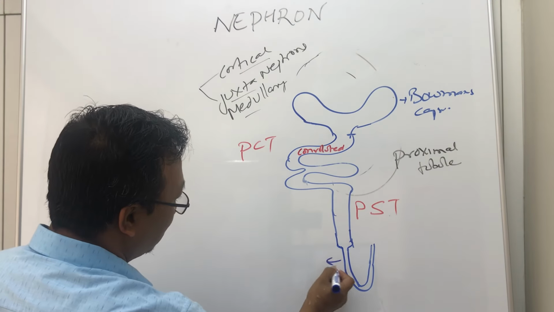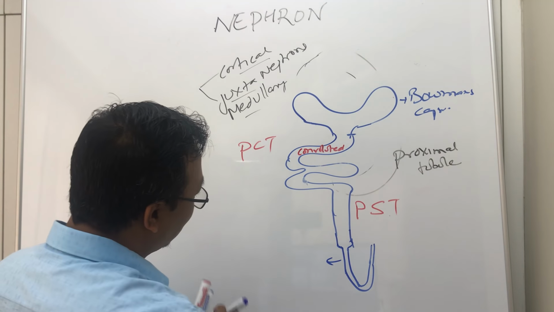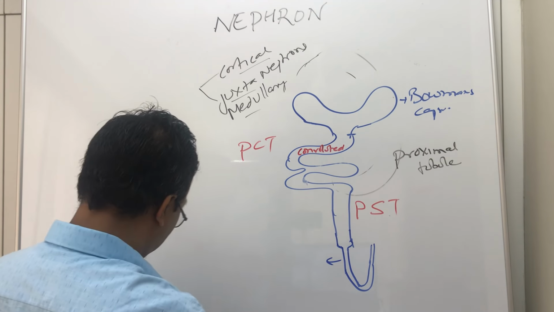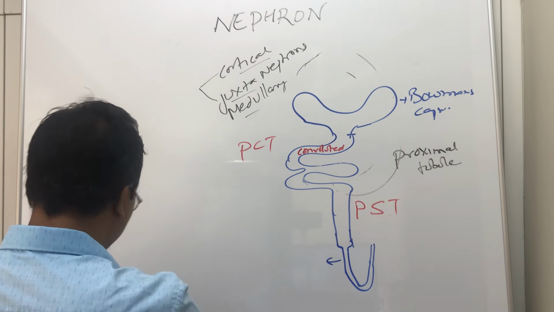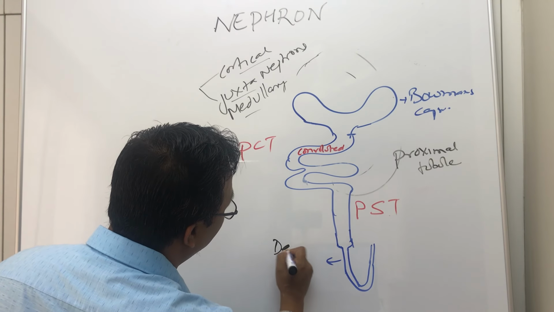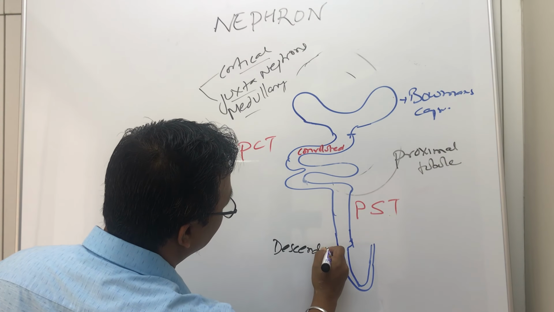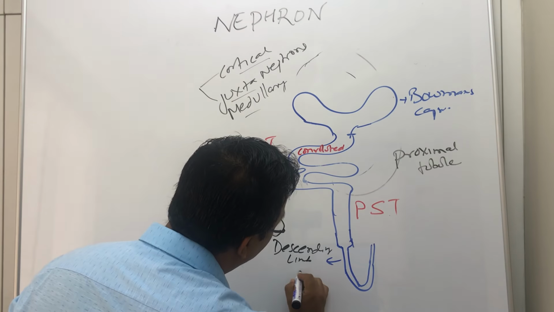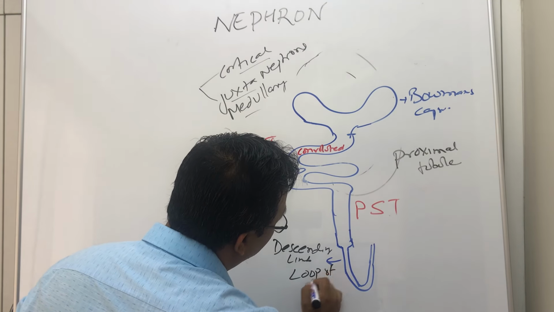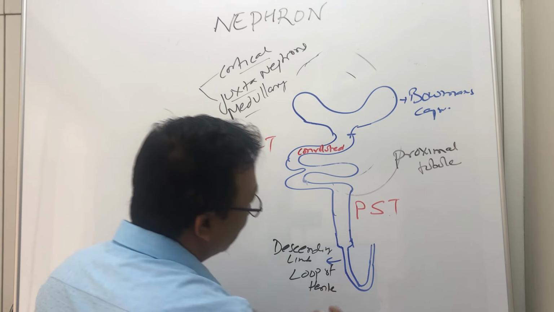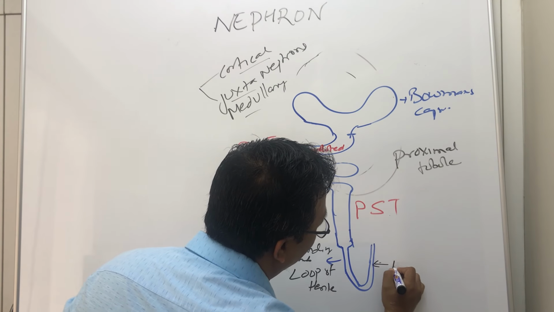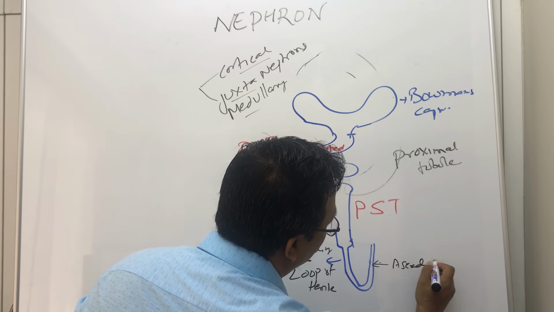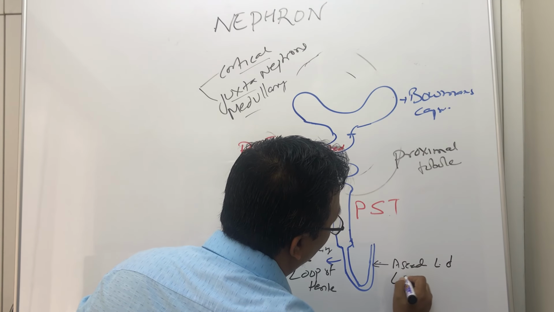So this part is called the descending limb of the loop of Henle. In a similar pattern, this part is called the ascending limb of the loop of Henle.